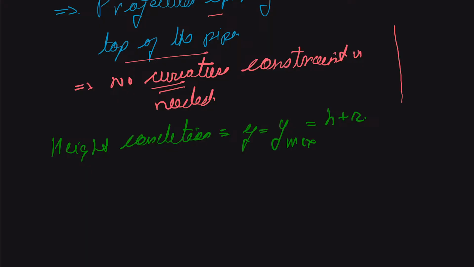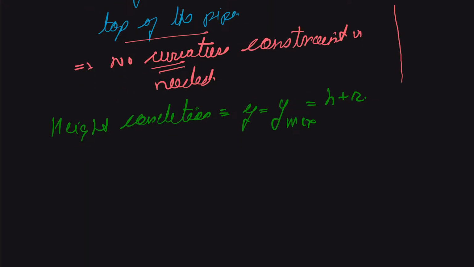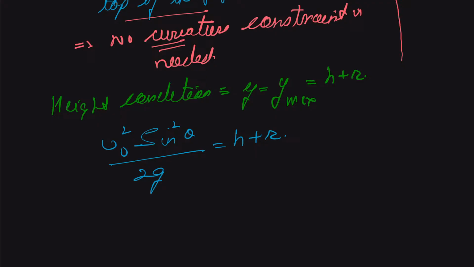And y max we already derived: v naught square sine square theta upon 2g is equal to h plus r. We are required to find the velocity, so let us rewrite the equation: v naught square will be equal to 2g times h plus r, divided by sine square theta.